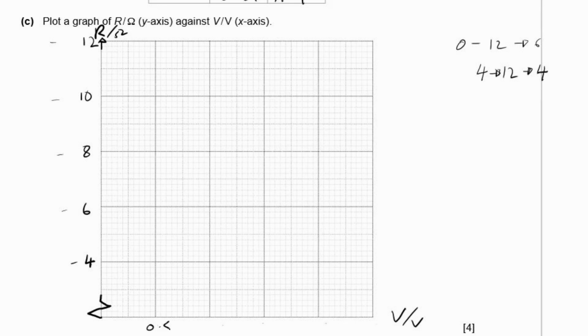So we'll do 0.5, 1.0, 1.5, 2.0, and 2.5. There we go. And now the points that we have take up most of the graph, which is what we need. Something we should always ensure that we're trying to do. So go across it and highlight the axes. Make sure it's nice and clear what's going where.